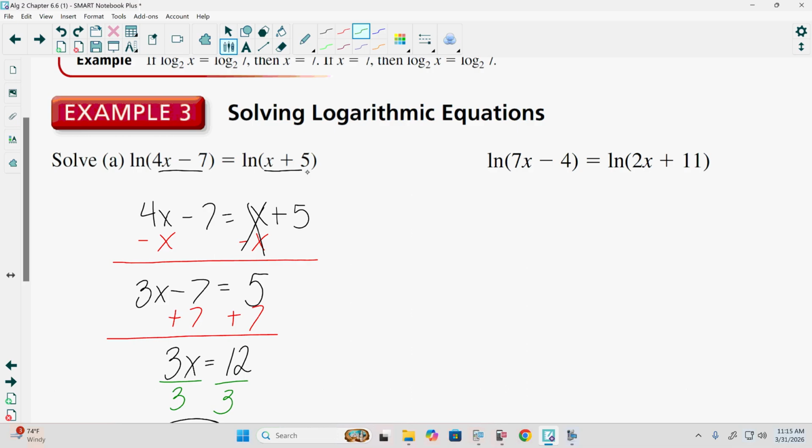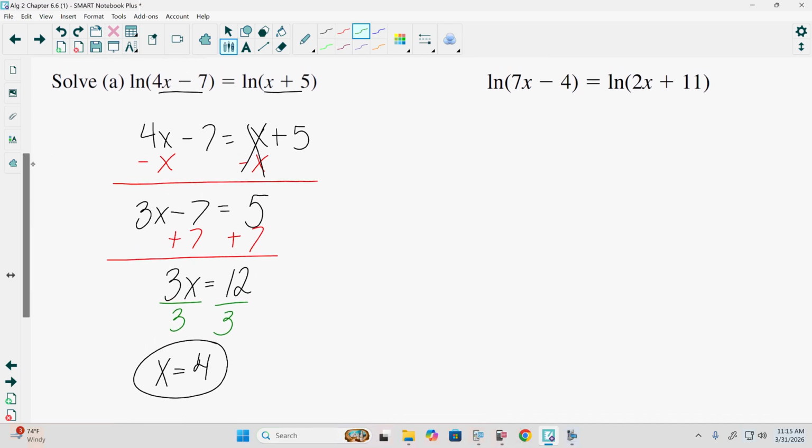If the solution we get causes 4x minus 7 to be 0 or negative, or x plus 5 to be 0 or negative, that solution does not work. We cannot take the natural log of 0 or a negative number. So if it was negative 4x minus 7 and x plus 5, it would not work whatsoever. So it would work since the value of x is 4.